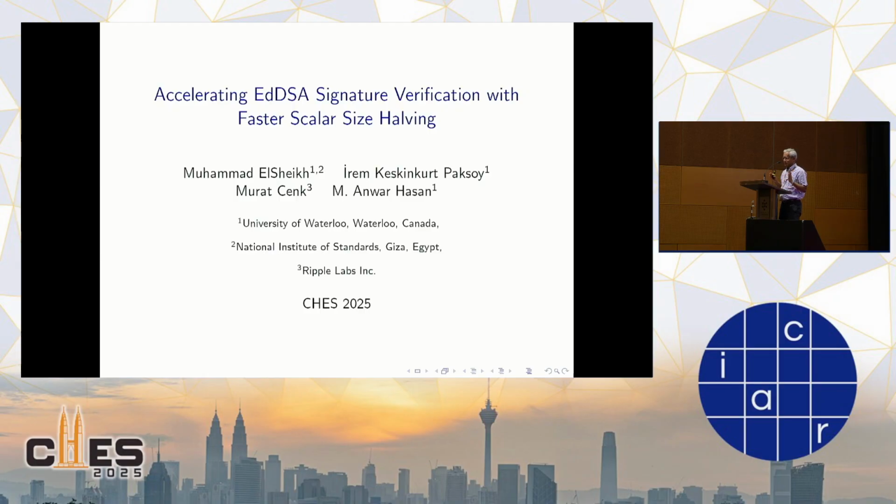Just to set up the context, especially if you attended the keynote talk this afternoon: for this talk, there is no hardware, no ASIC, no FPGA. And this topic of EdDSA signature verification is very well researched, so keep that in mind as you see the improvement results here.